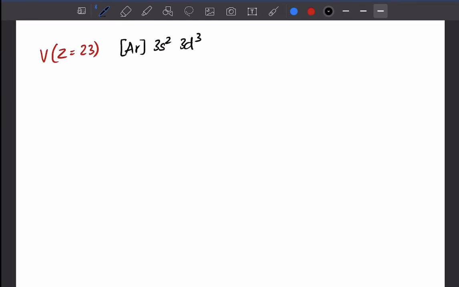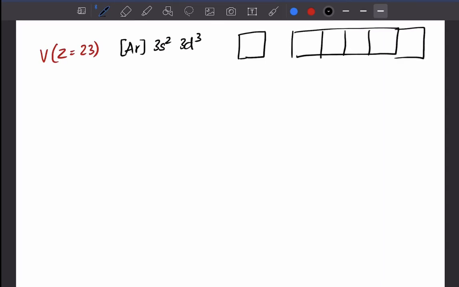So you end up with two electrons in the s shell and you have the d shell with 1, 2, 3. Now when you write the term vanadium 3 plus, whenever we write 3 plus, it means a loss of 3 electrons.